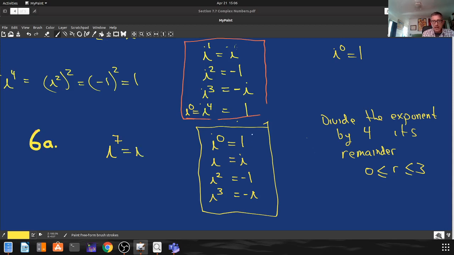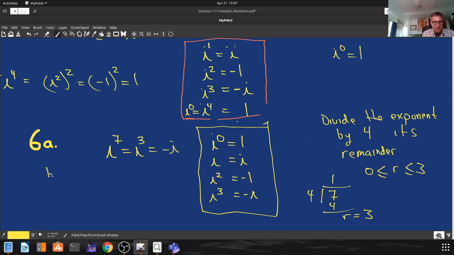It's going to be I to some power, and that power is going to be reduced to one of these possibilities: 1, I, minus 1, or minus I. So let's divide 7 by 4. Well, it will go into it one time, and the remainder is equal to 3. So that's the same as I cubed, which is equal to minus I.